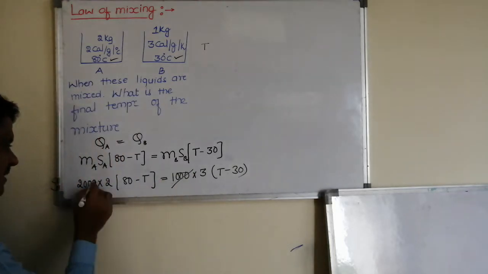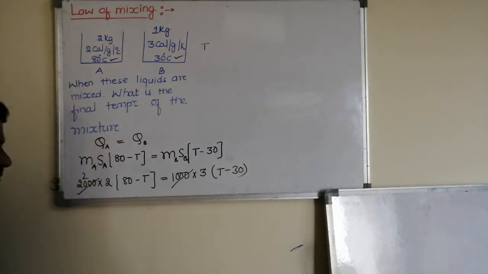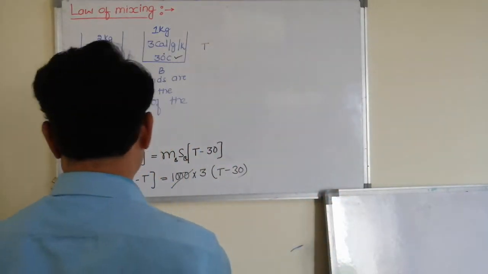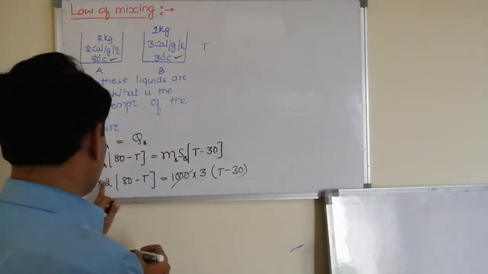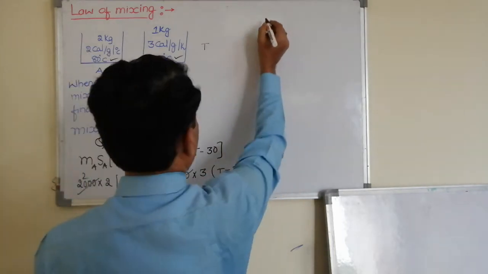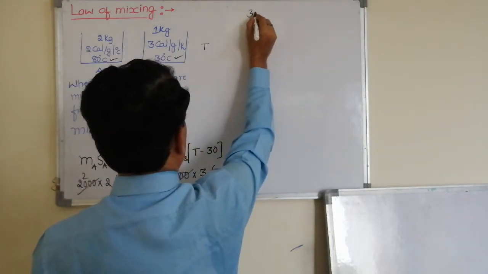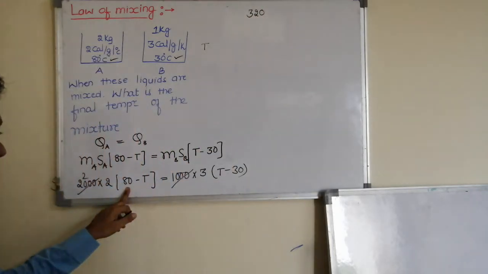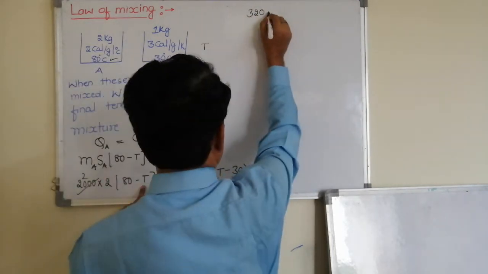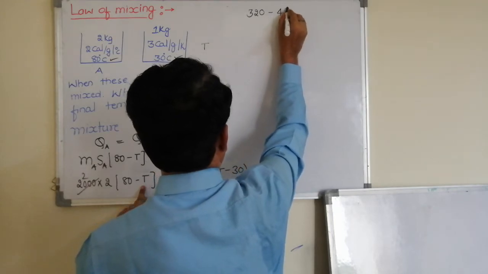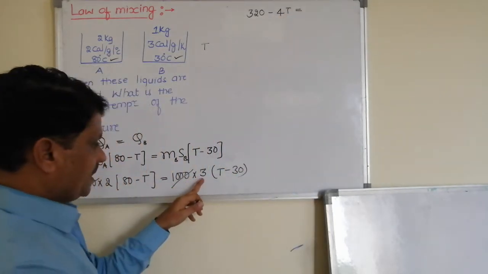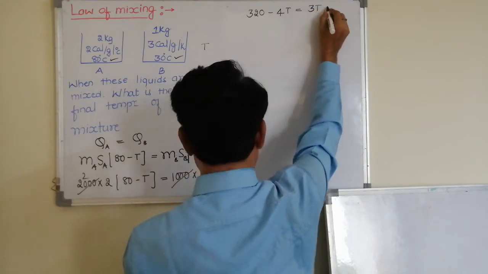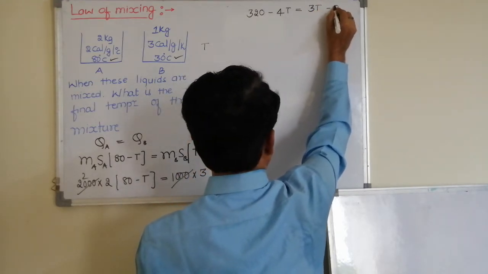1000 ones are 1000, twos are 2, twos are 4. Here we can write 4 into 80, I think it's 320, minus 4T, is equal to 3T minus 90.